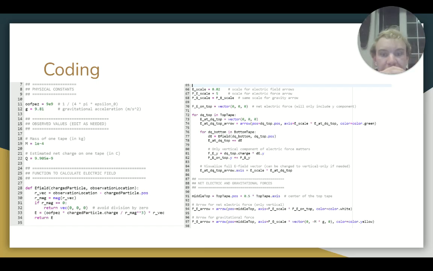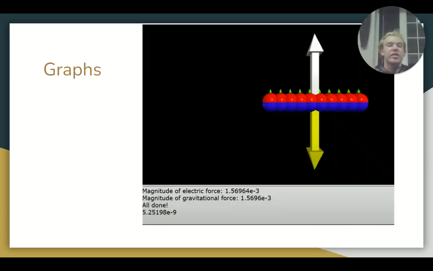And then on the right, we have applying that vector to all points along that line. And then below that just does the arrows showing off the forces.